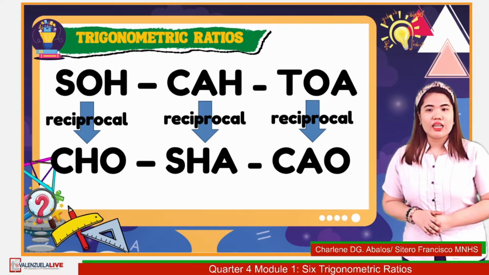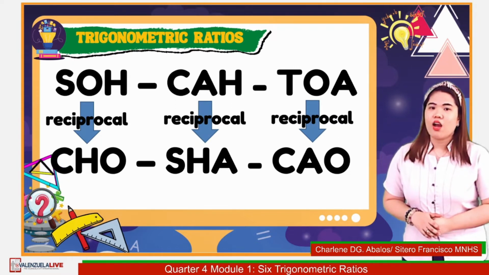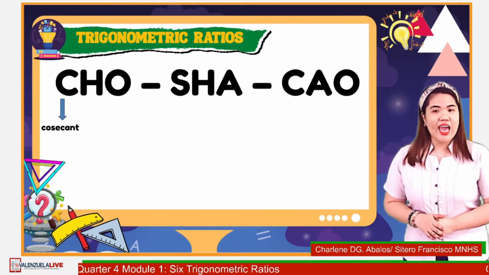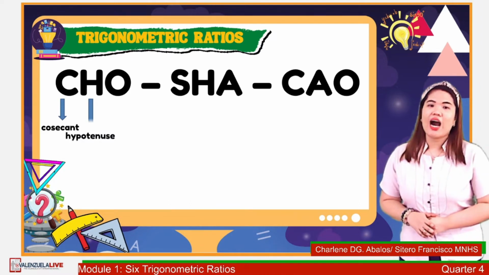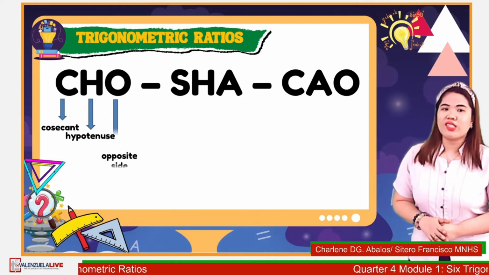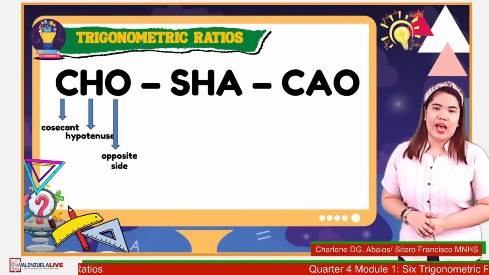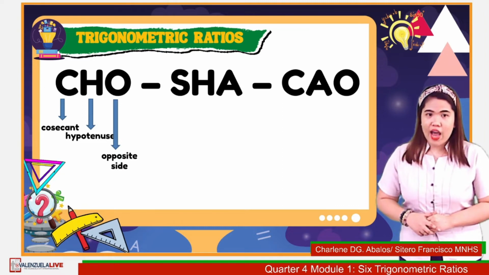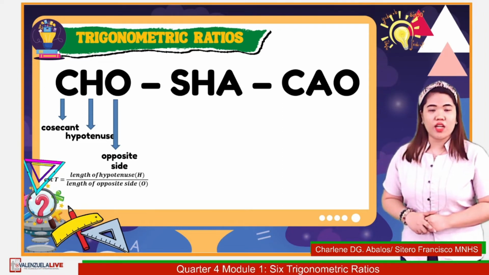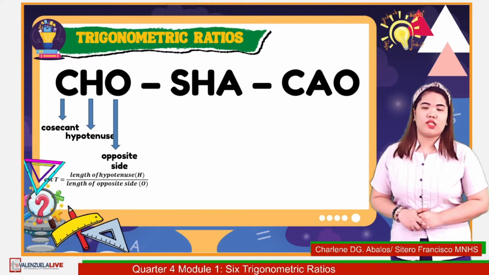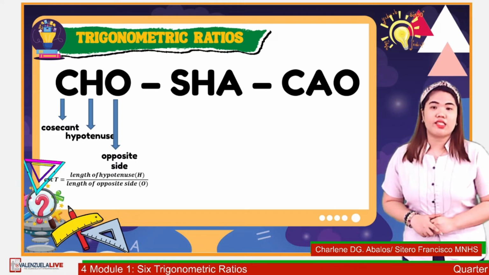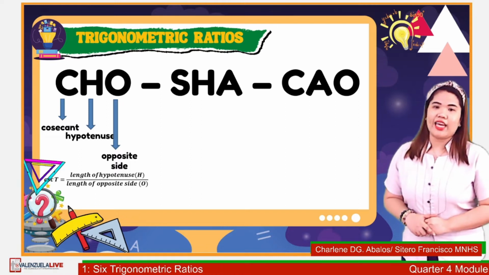So C stands for cosecant, H stands for hypotenuse, and O stands for opposite side. That is why we have cosecant T is equal to hypotenuse over opposite side. In other words, cosecant is the reciprocal of sine.